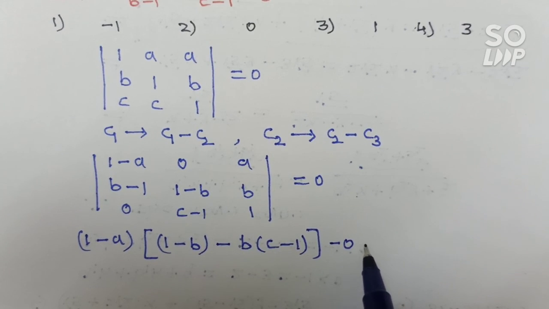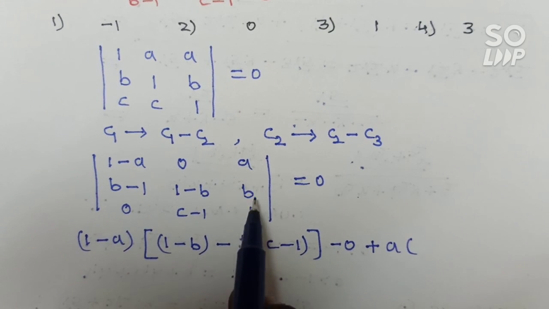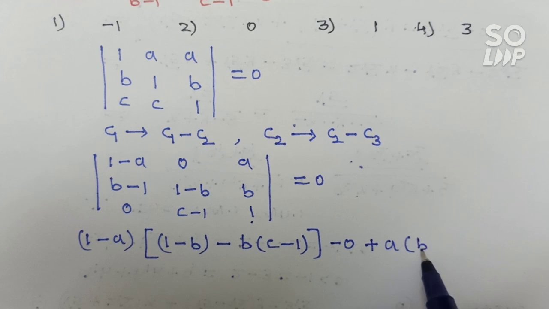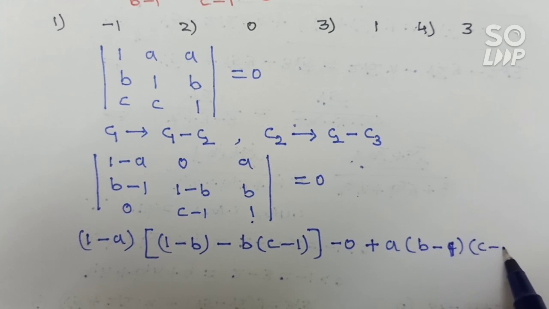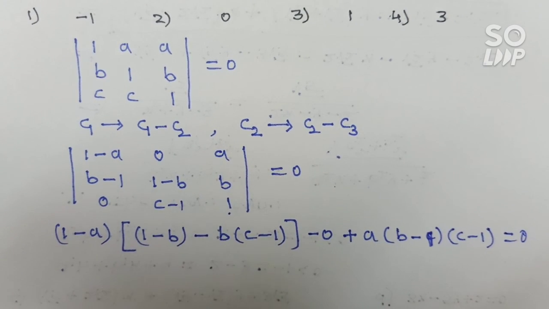Next plus a into, leaving the first row and the last column, b minus 1 into c minus 1 equals 0. This is the expansion of the determinant.